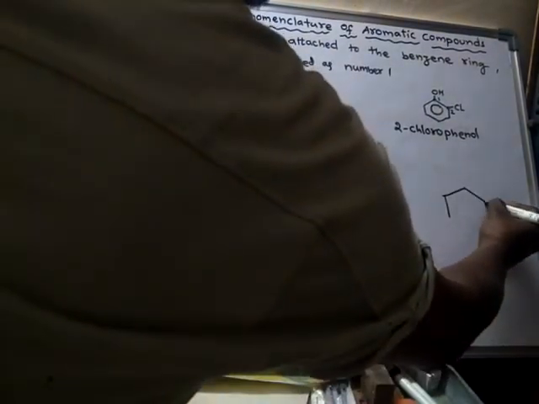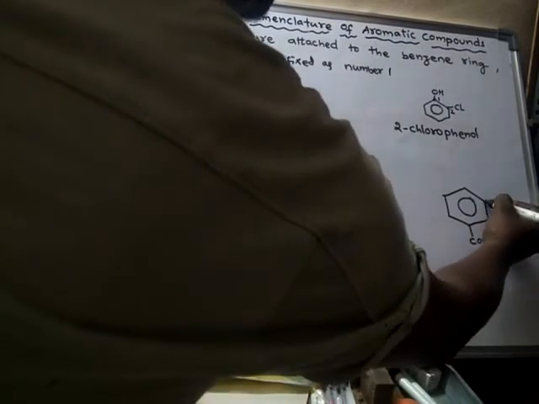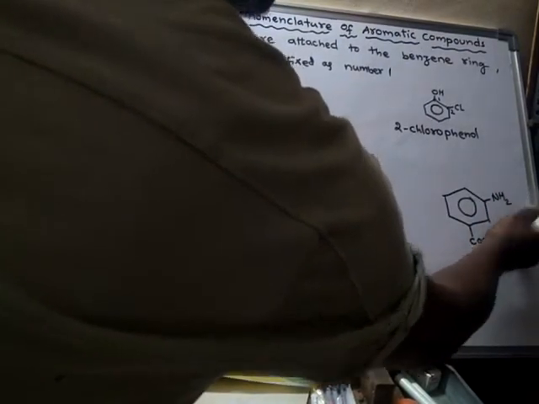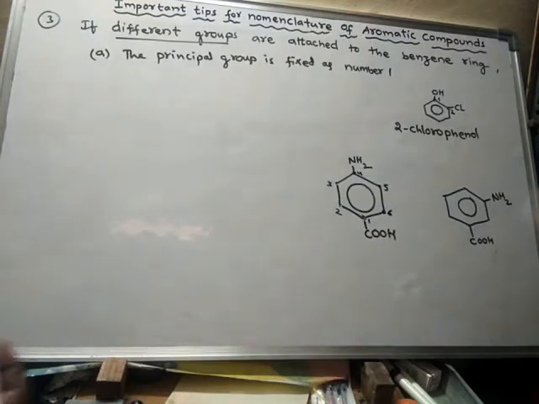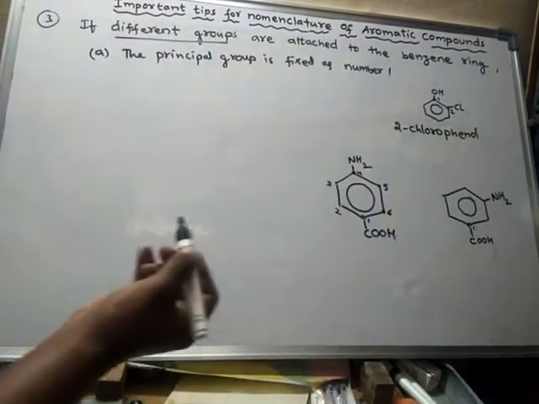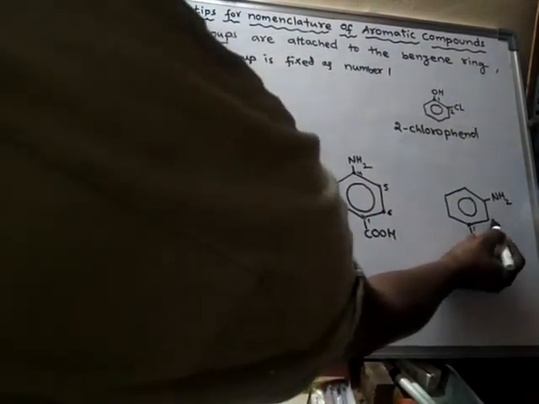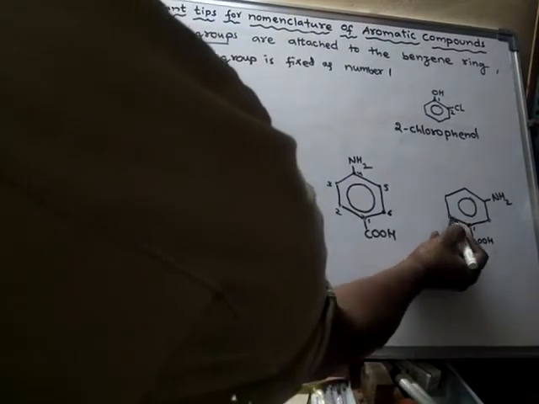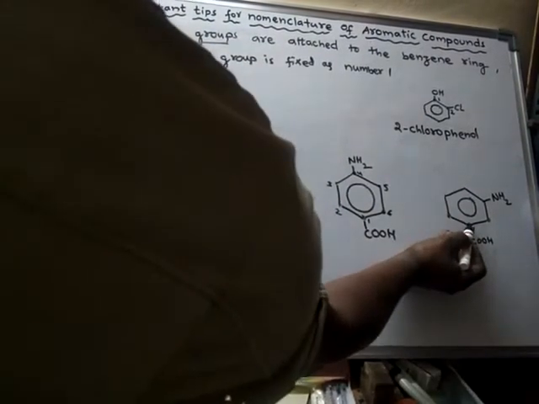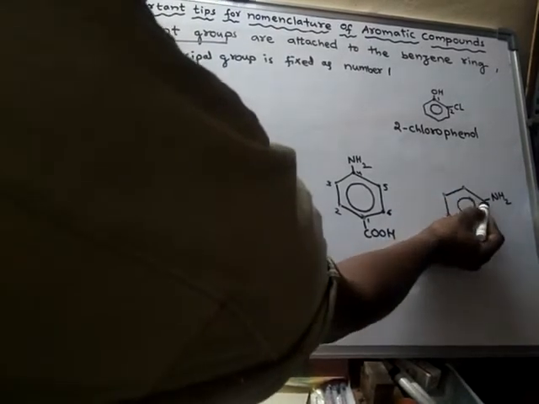Suppose NH2 is present here, then how should I give numbering? This carbon will get number 1, but which carbon should get number 2? Should I give number 2 to this carbon or to this carbon? If I give number 2 to this carbon, then this carbon will become 4, this will become 5, and this will become the 6th carbon.